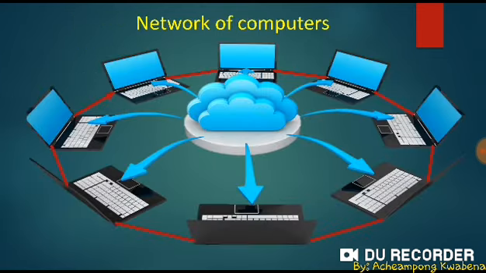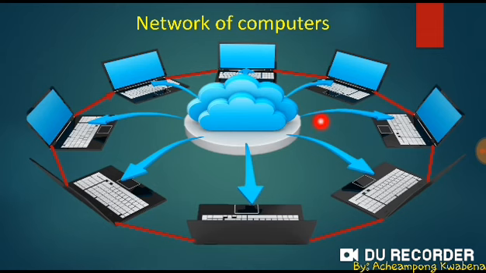Now let's look at how a network is formed. As we said earlier on, a network is formed when a computer is connected to another computer. As we can see in the diagram, we have several laptops linked or connected to each other. When such a thing happens, we can say that we have a network of computers.